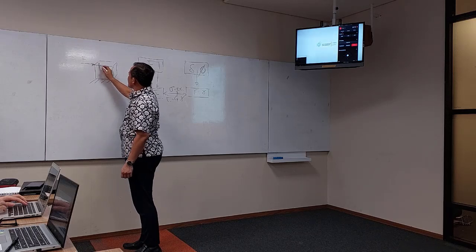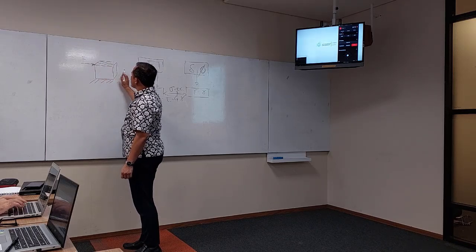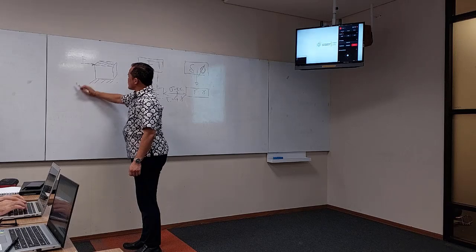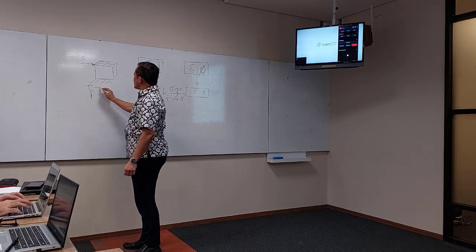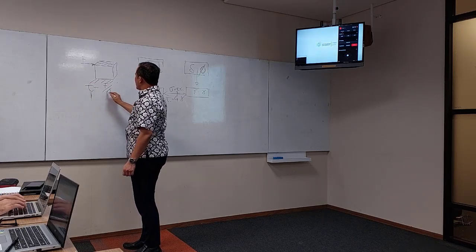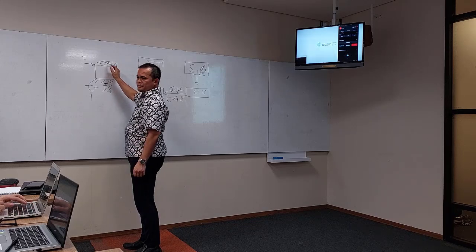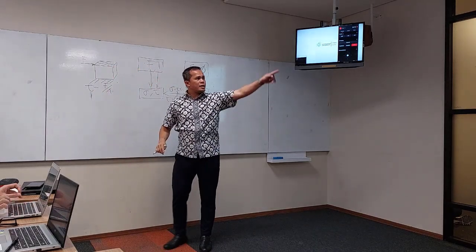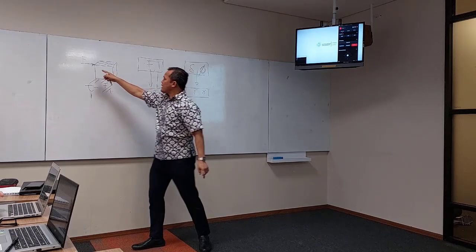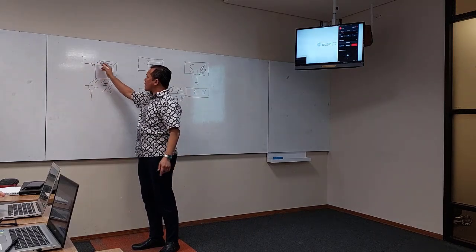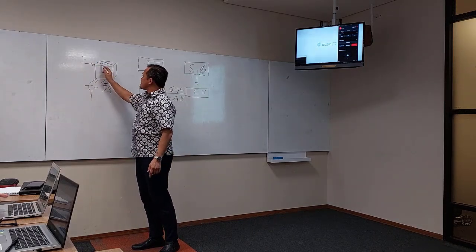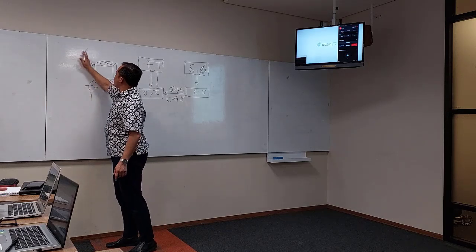Tau is described by F over A, in which A is this one. Therefore, that F can be replaced by tau, that is generated on this surface.